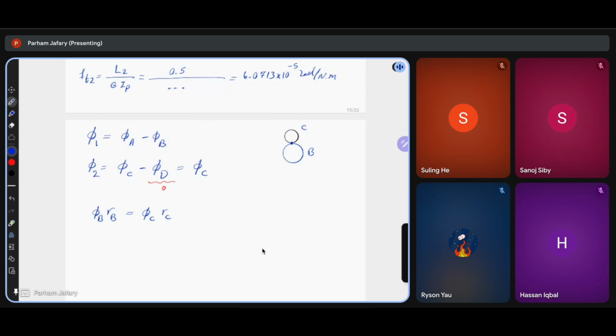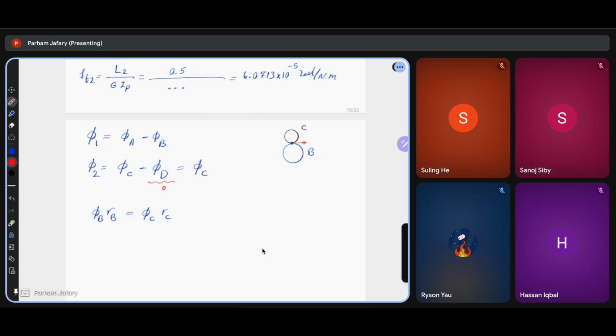Because the displacement in the middle is the same. The two gears are meshed together, therefore they're gonna deform the same.